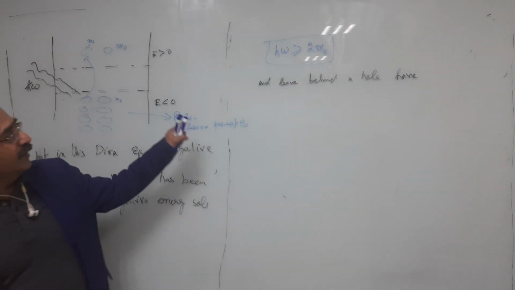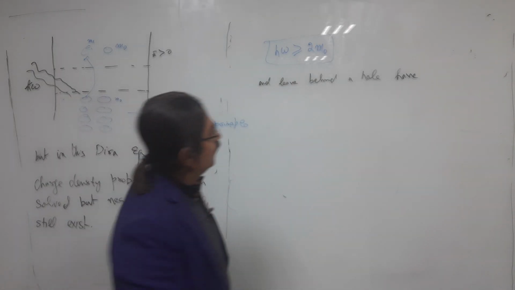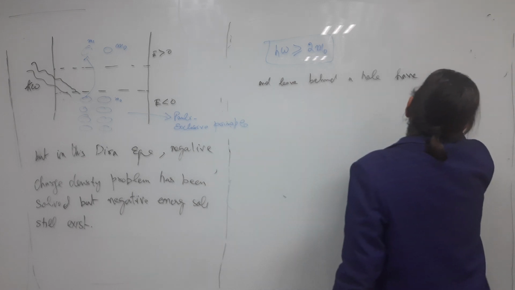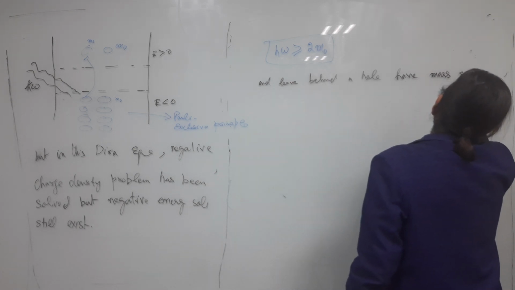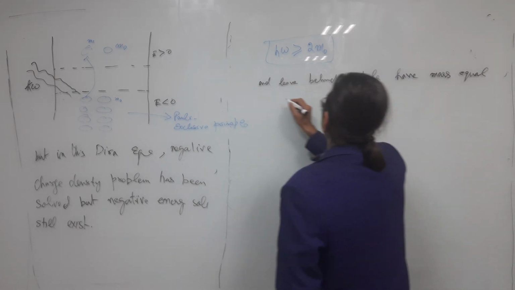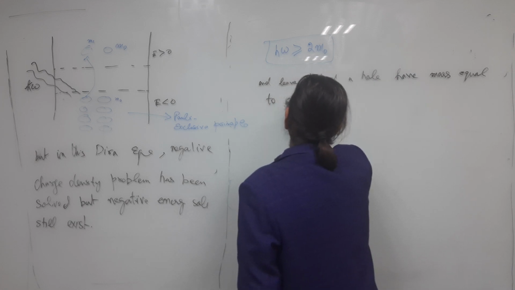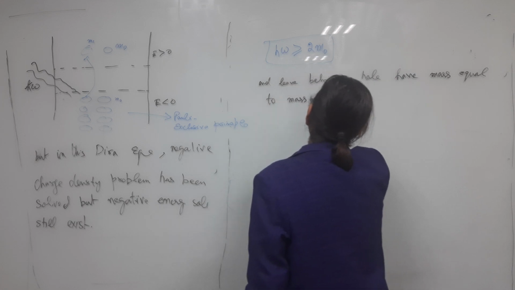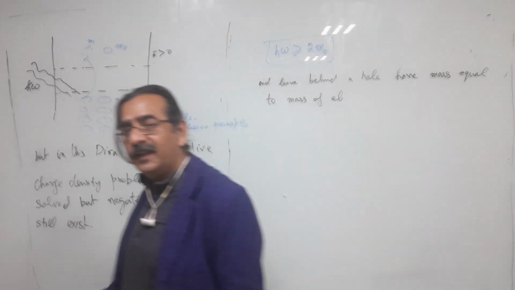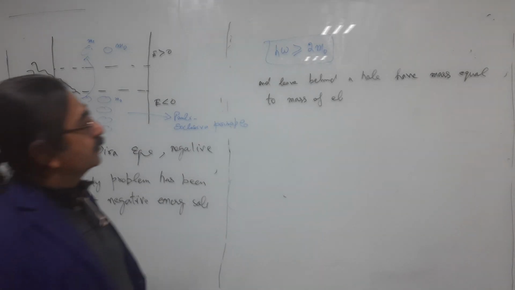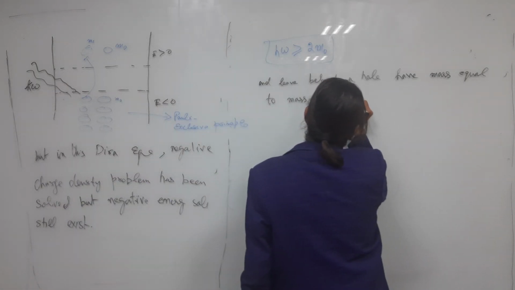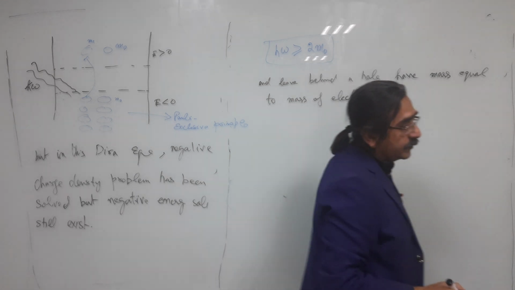The effective mass will be equal to the mass of the electron, yes, because the electron is leaving.